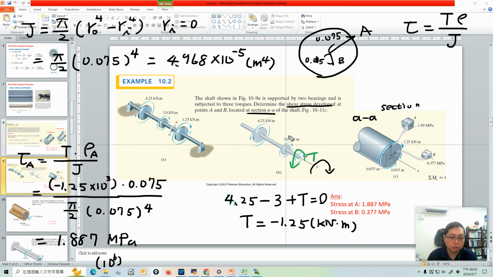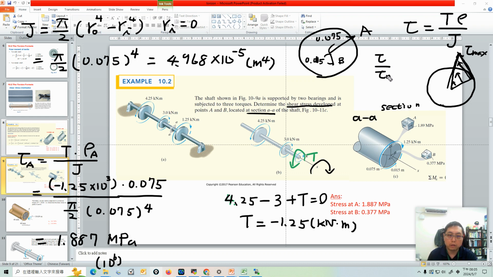And what about shear stress at B? To calculate the shear stress at B, we don't have to use this formula again because we already mentioned that our assumption is the shear stress is linear along the radius direction. So let's draw this graph again. This is shear max, and the shear grows linearly.